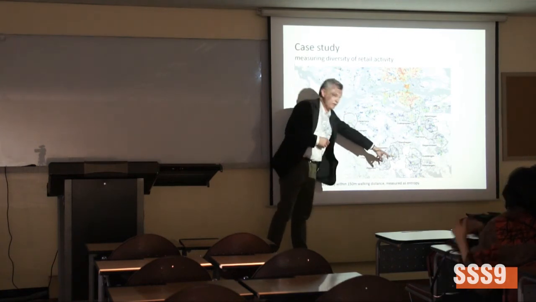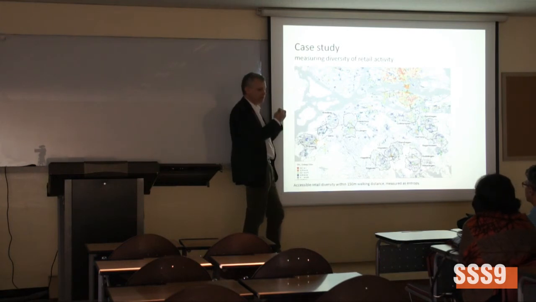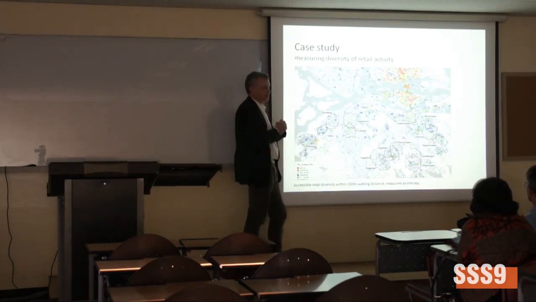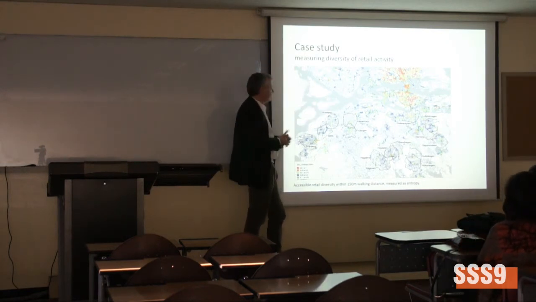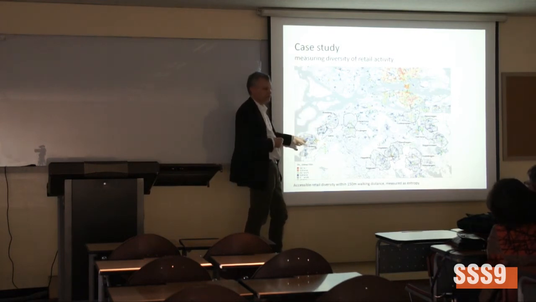Measured as entropy, with this Shannon index. So that kind of picks out centers, not depending on the size of them, which you can see, for example, when Bill shows centers and so forth, that you have a lot of shops. But this shows the degree of diversity of these shops.